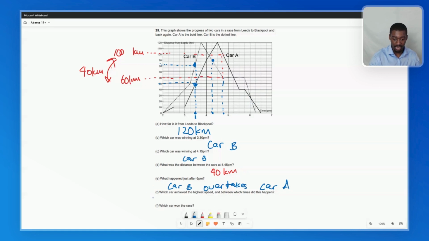For part F, we have: which car achieved the highest speed and between which times did this happen? So to answer this, let's clear this graph a bit. To work this out, we need to understand the relationship between speed, distance, and time. And that's that speed equals distance over time.